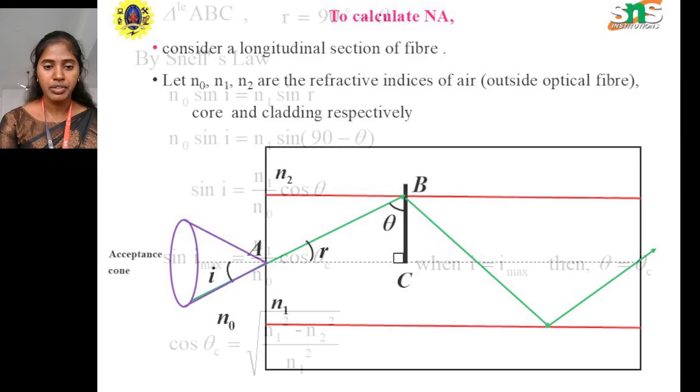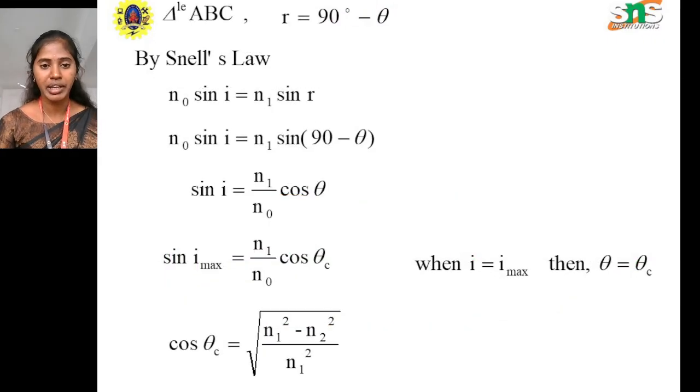By applying Snell's law at A, where light enters from the air medium to the core medium, the angle R is equal to 90 degrees minus theta.